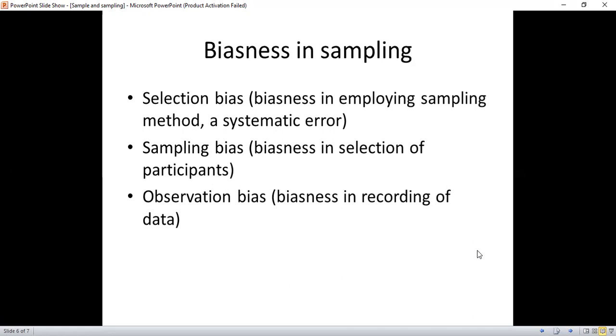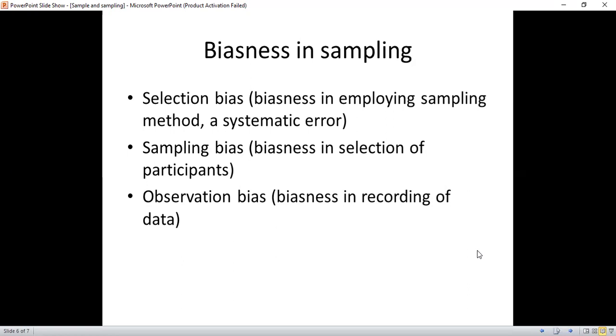There can be other reasons also for a particular group of participants in a population to be more in favor of getting selected. So when this happens, and we as researchers fail to observe that and take care of that, we might end up committing a sampling bias.